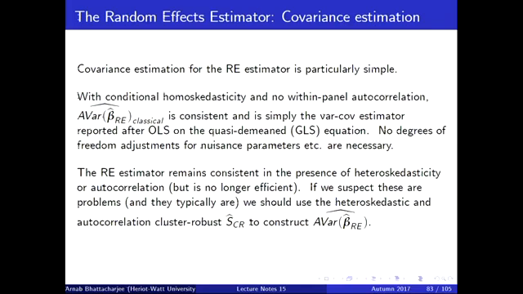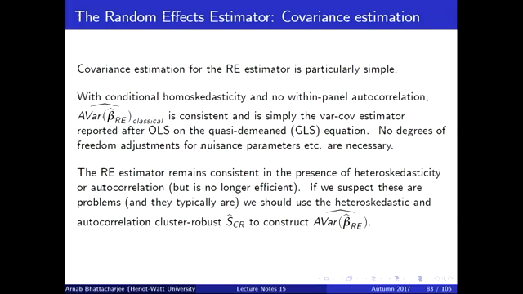So with conditional homoscedasticity and no within panel autocorrelation, that is an assumption of the model, this estimator is going to be consistent, and it is simply the variance covariance estimator reported after OLS on the quasi-demeaned equations.